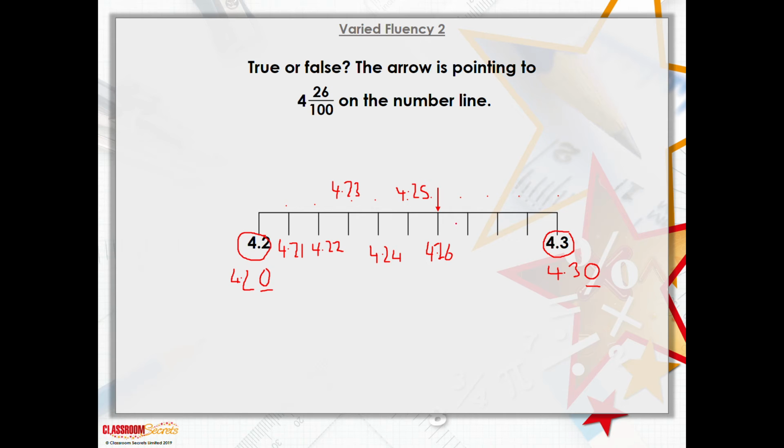We still keep going. 4.27. 4.28, and the last one before we get to 4.3 or 4.30 is 4.29. Right, now I'm just going to look at my arrow, and my arrow is indicating 4.26. So is it true or false? It is true. Right, let's have a look at our next question.